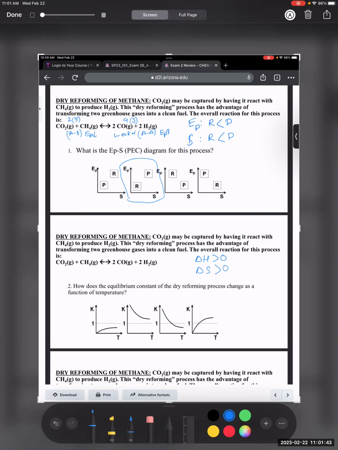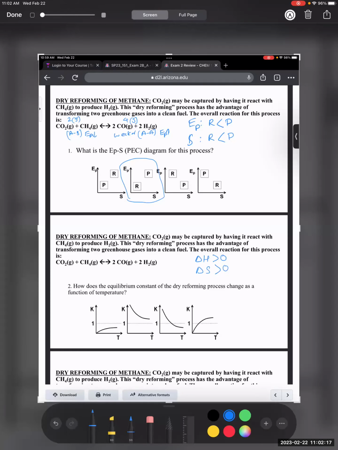If we have this situation, this is product favored only at high temperatures. The products are favored by the number of configurations, or the entropy, but not by the potential energy, because products have a higher potential energy. Therefore, if you want to favor the formation of products, you have to increase the temperature. So product favored only at high temperatures means reactant favored at low temperatures.